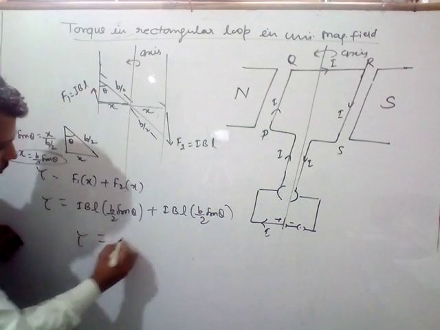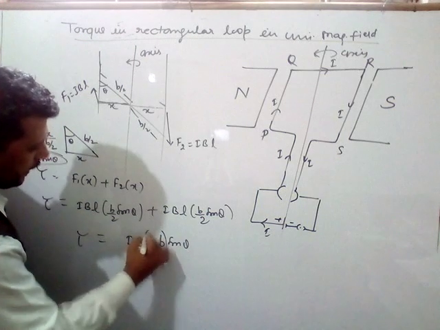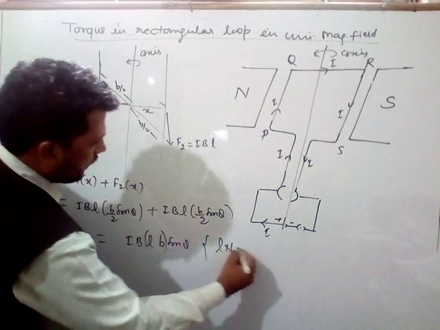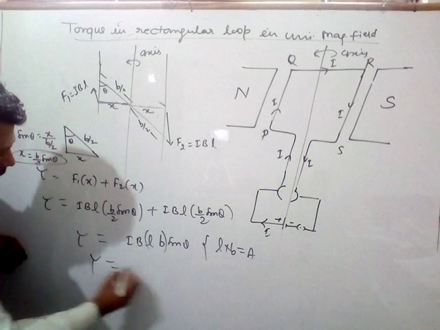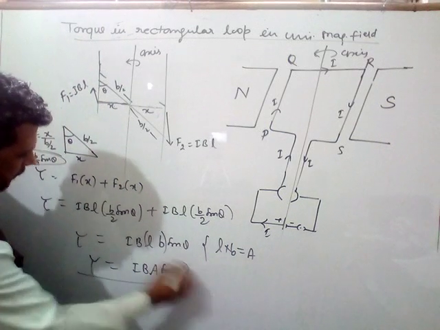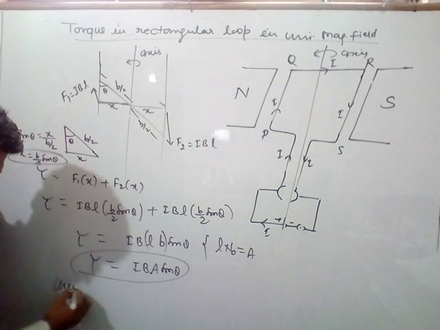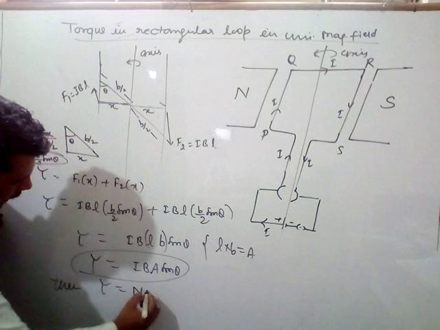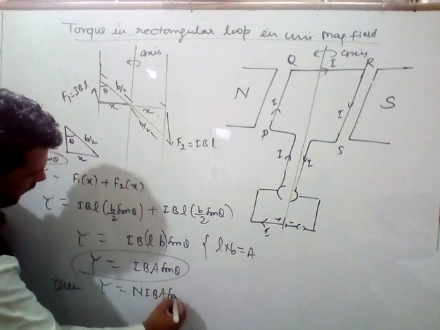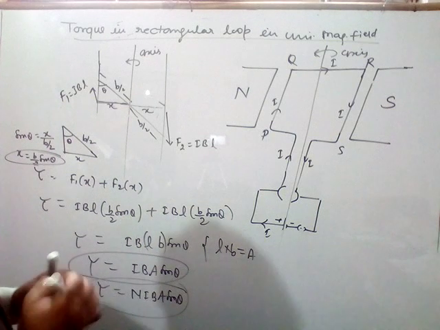So torque equals IBL times B sine theta, and L into B is the area. So torque equals IBA sine theta, and if the number of turns is N, then torque will be NIBA sine theta.